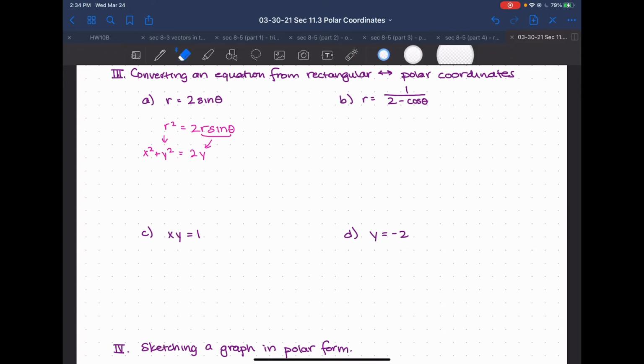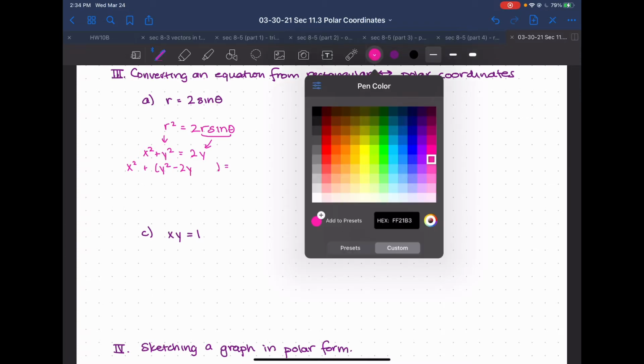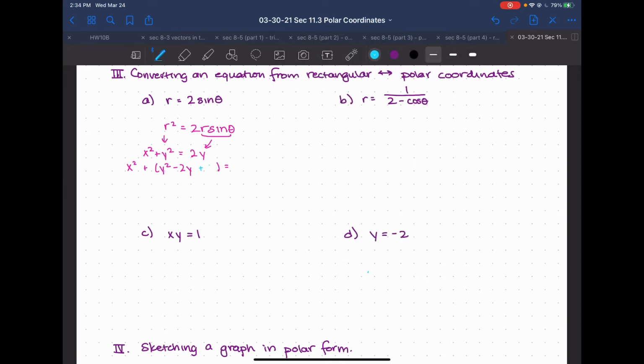So if I go ahead and, we'll have x squared plus y squared plus 2y. Oops, that should be minus 2y if I move it over. And then right now that leaves me with 0 on the right. But then complete the square by adding 1.